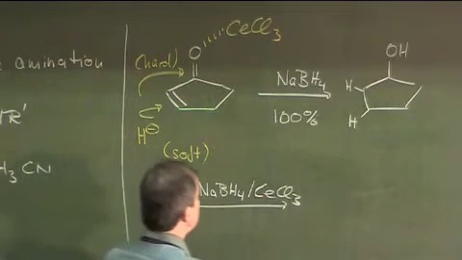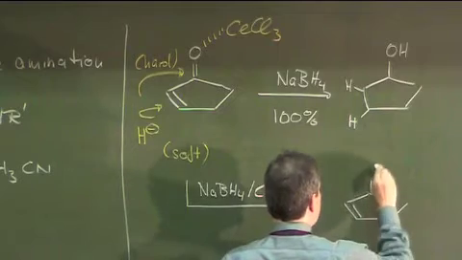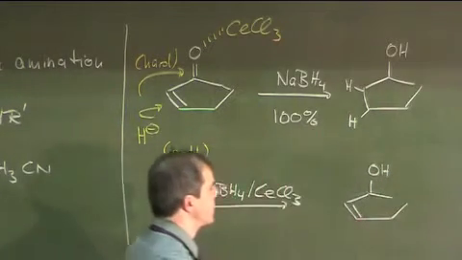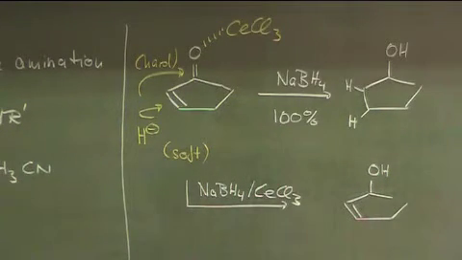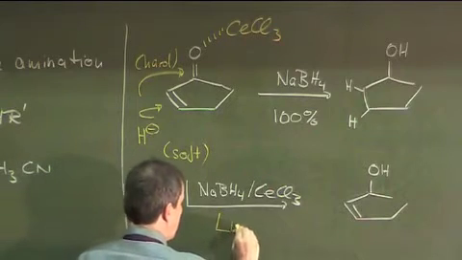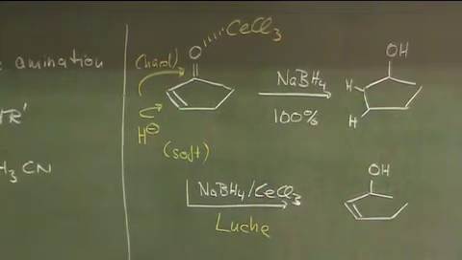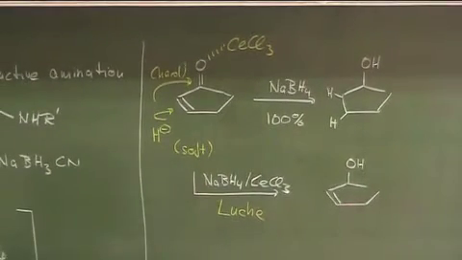And in this combination, you will indeed only get the reduction to the allylic alcohol. This is a reagent which has been developed by Luche, and so therefore it's often referred to as the Luche reduction.